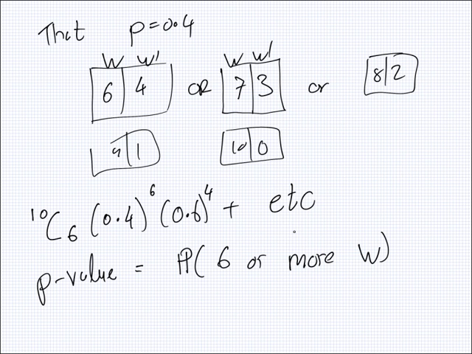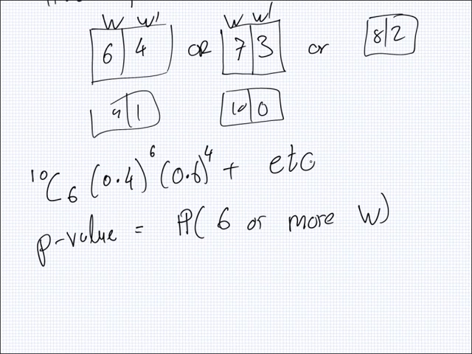Now, if you're all using your calculator, you're all a bunch of suckers, because you've completely forgotten that you have a table book that can do this for you. What were you just doing there? You were doing 6 or more W's, which is the same as 1 minus not 6 or more.